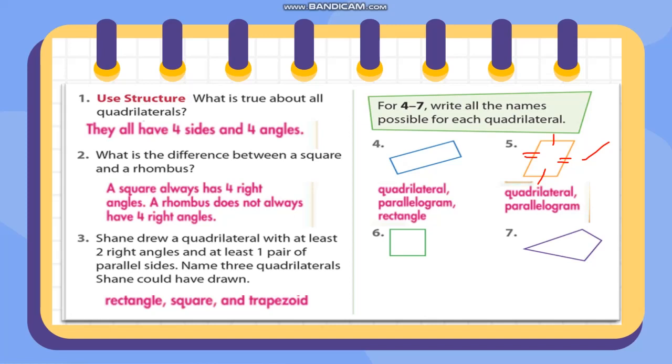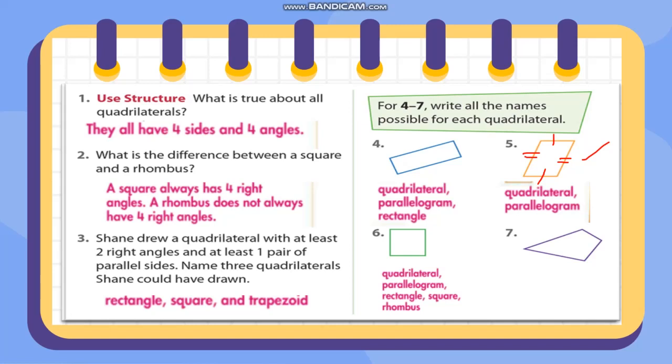A square is a rectangle. A square is a rhombus. A square is a parallelogram. And a square is a quadrilateral. That's why quadrilateral, parallelogram, rectangle, square, and rhombus are all the possible names for this given quadrilateral.